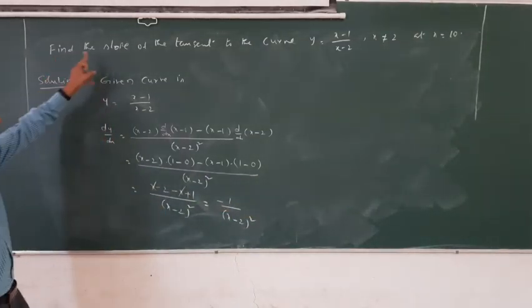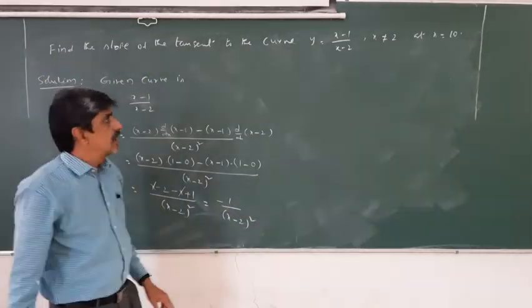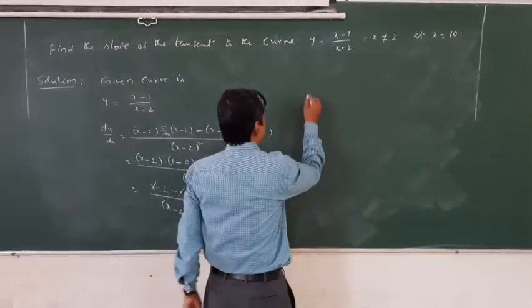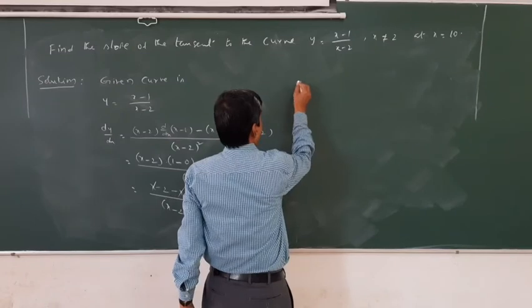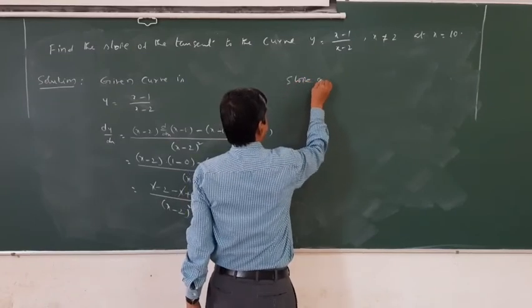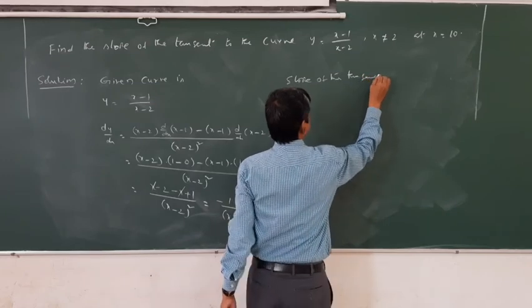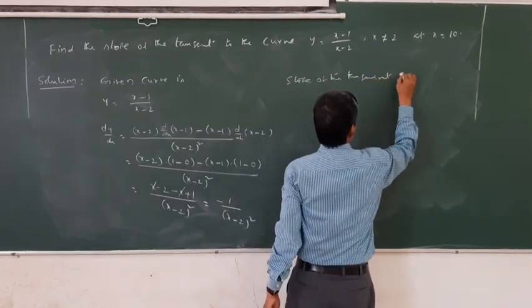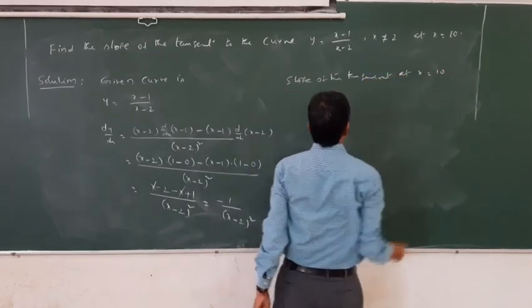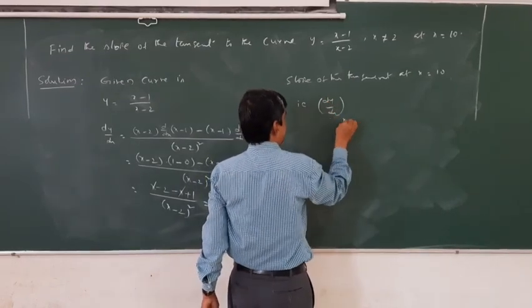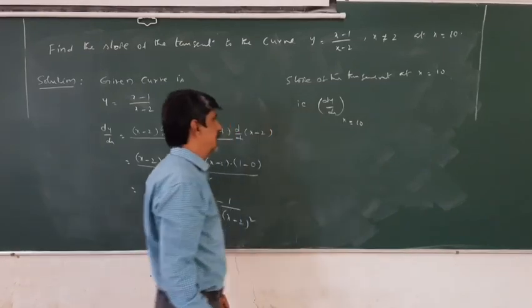But we want to find the slope of the tangent. So the slope of the tangent at x is equal to 10, that is dy by dx at x is equal to 10.